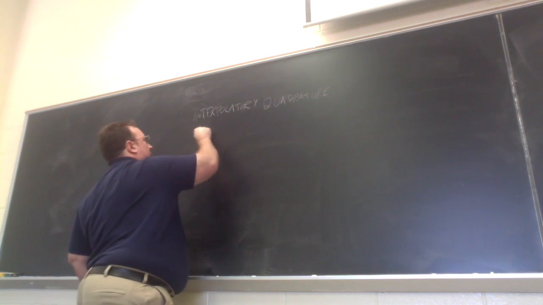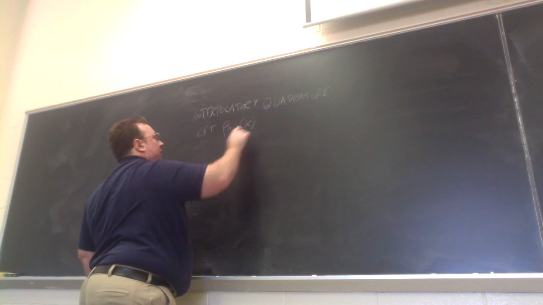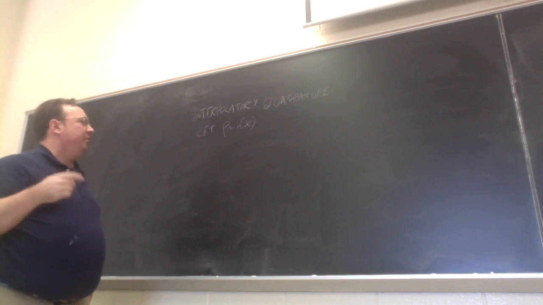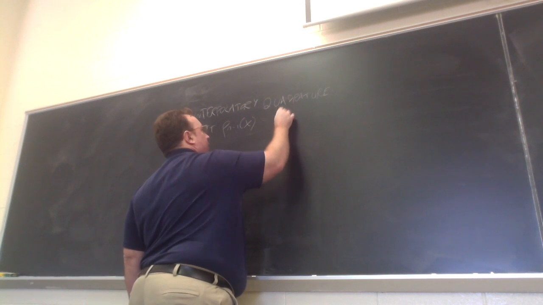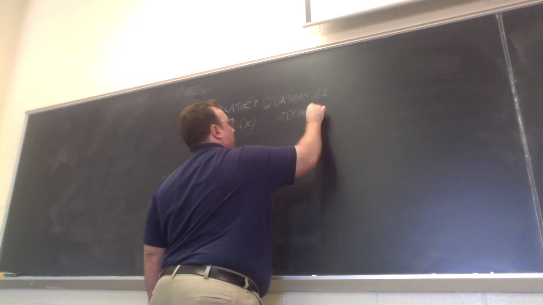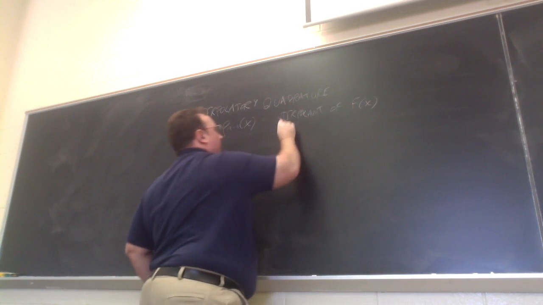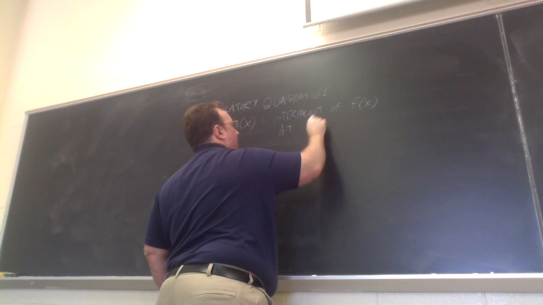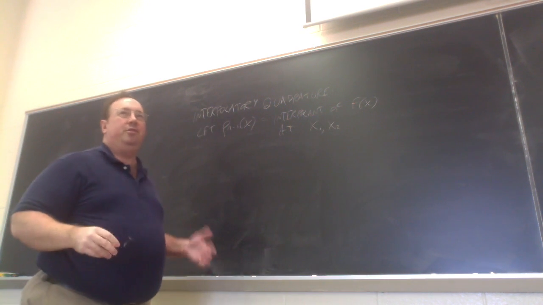So I'm going to let P_{n-1} of x be an interpolating polynomial of f of x at my nodes. I still haven't told you how to choose the nodes yet. We'll get to that later.